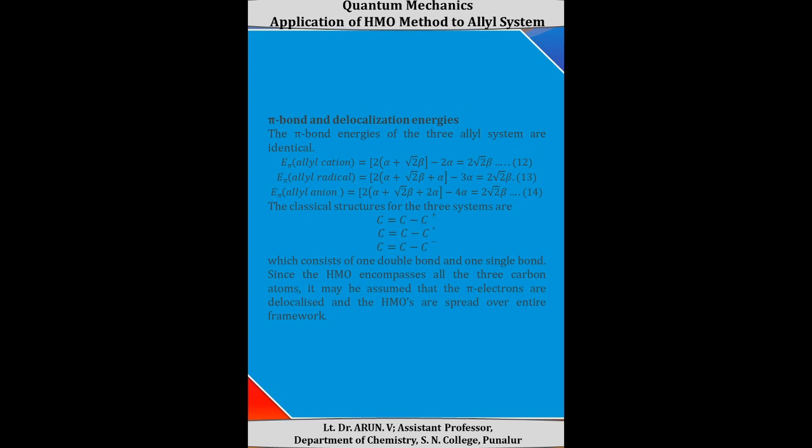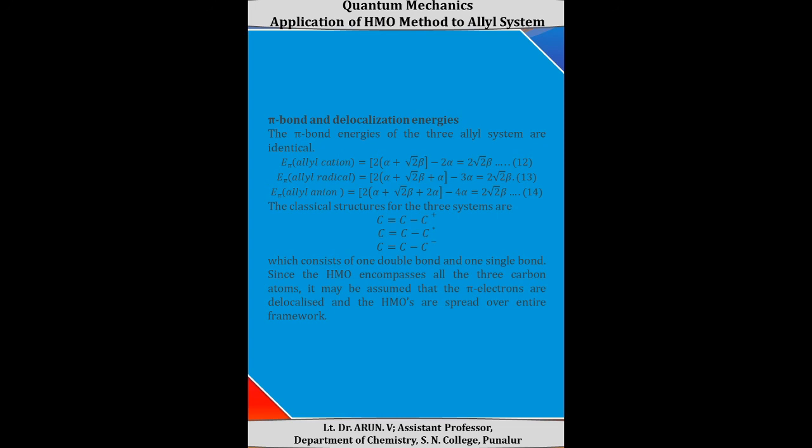For the allyl cation, when we substitute the values, we get the final value as 2 root 2 beta. Similarly, we get the same value for the allyl radical, and also for the allyl anion. Therefore, in all these cases, the pi bond energy remains the same.